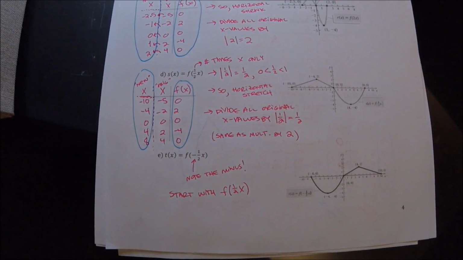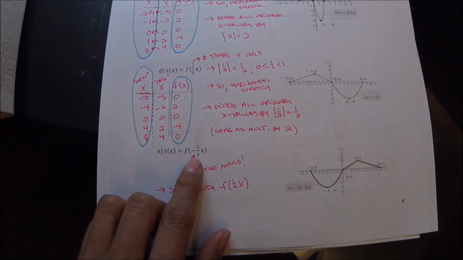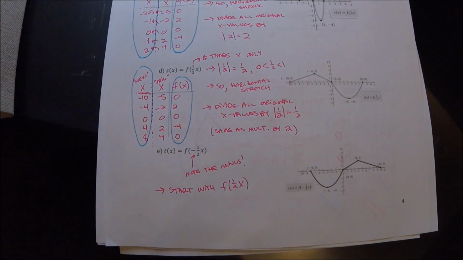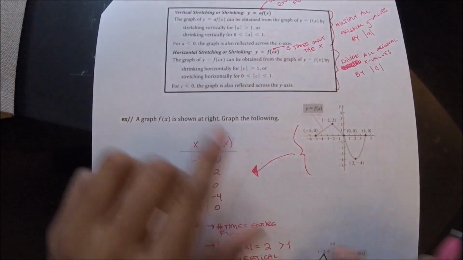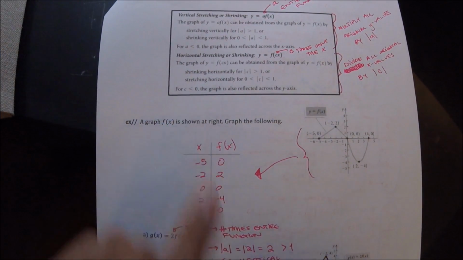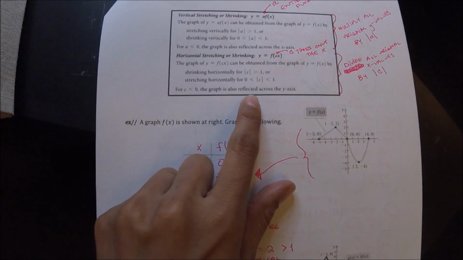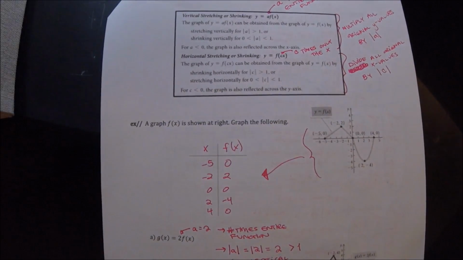We would ignore the minus, and then whenever you have a minus inside attached to the x, there was a note about that. We are in this case, and it says if c is less than 0, which it is, since we have that negative out in front, the graph is also reflected across the y-axis.